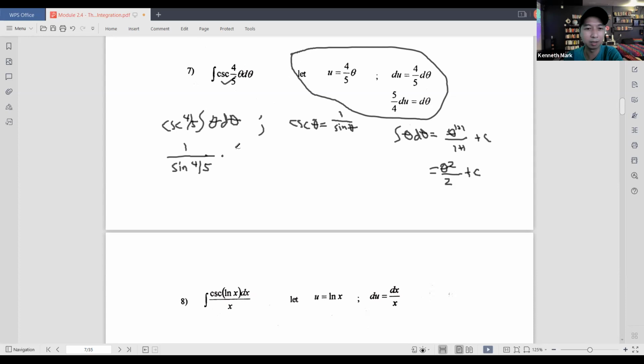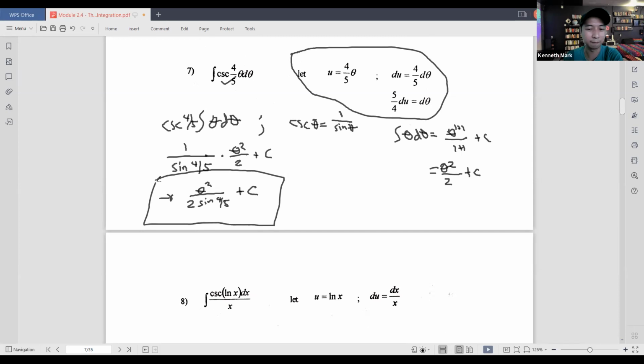That is theta squared over 2 plus c. Or kung simplify natin, final answer would be equal to theta squared over 2 sine 4/5 plus c. Ito na yung answer mo sa number 7.